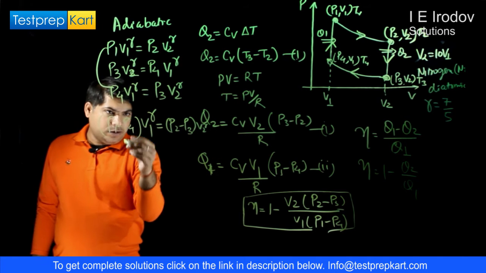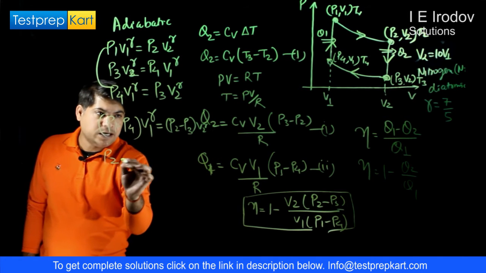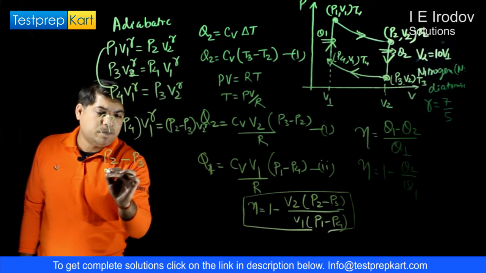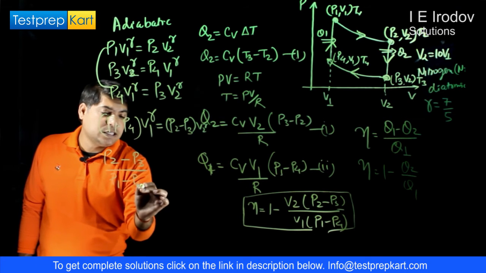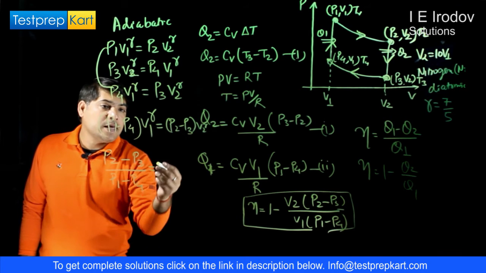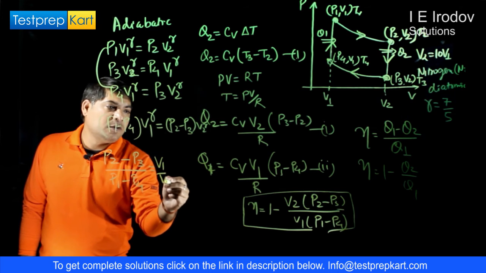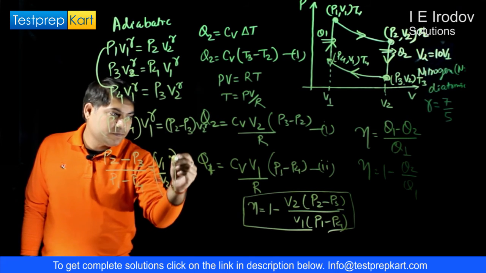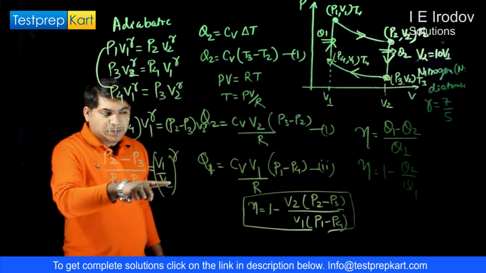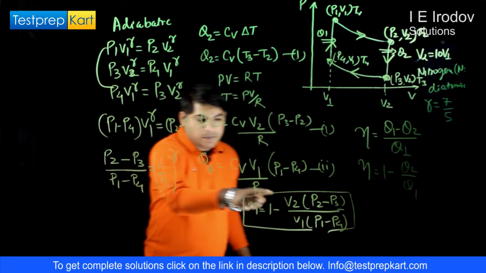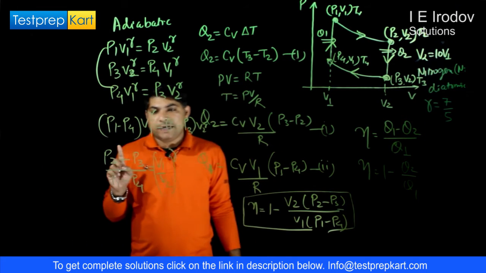So from here we get a very interesting relation: (P2 minus P3) over (P1 minus P4) is equal to (V1 over V2) to the power gamma. So in the expression of efficiency, we can replace this term.